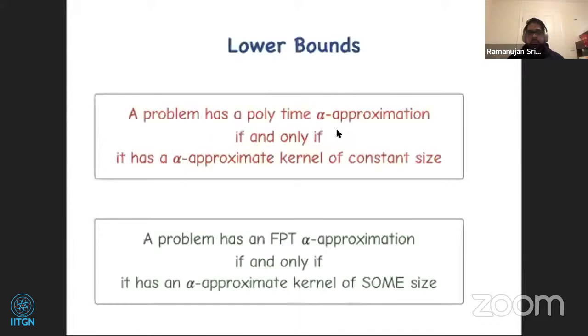To begin with, recall these two statements that I talked about yesterday. These two statements already give us a way to rule out alpha approximate kernels. For instance, if you have a result that says, under whatever hypothesis, this problem does not have an FPT alpha approximation, then under the same hypothesis, you don't have an alpha approximate kernel of any size.